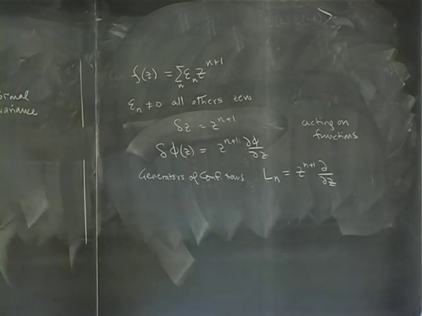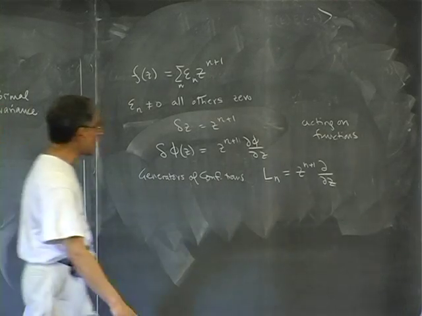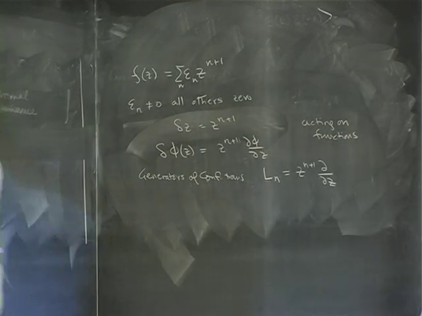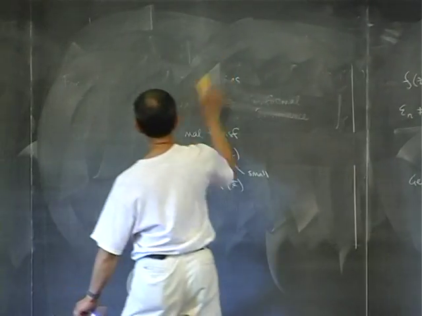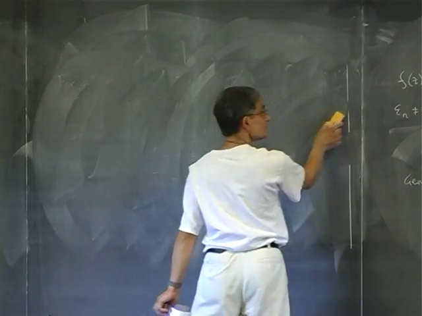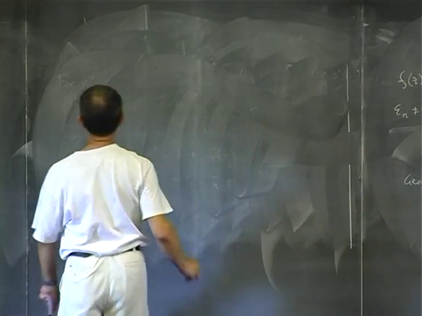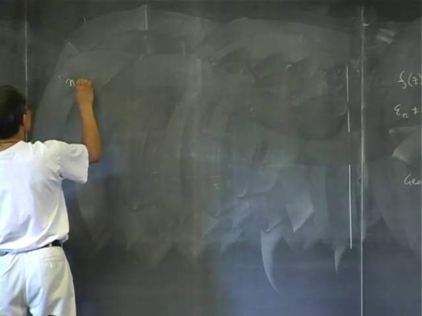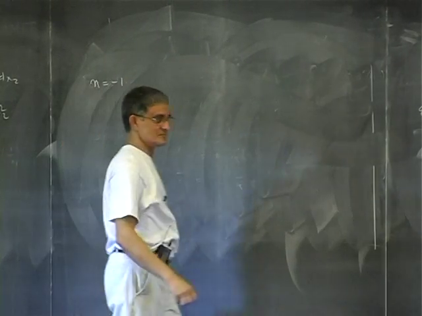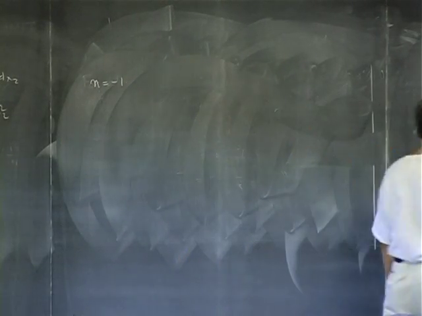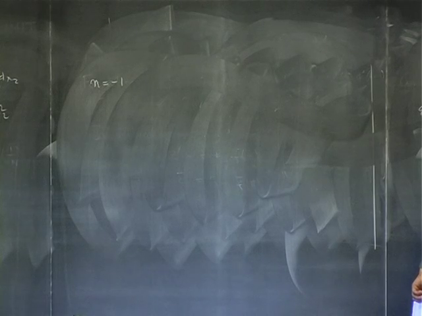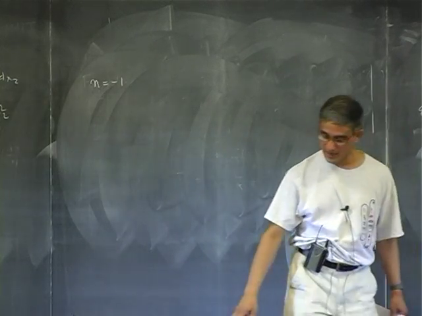Let us look at a few of them and try to identify what these things are. So, what do we want to look at? n equal to minus 1, how about that? And similarly, there are things called, I will call them small l actually.